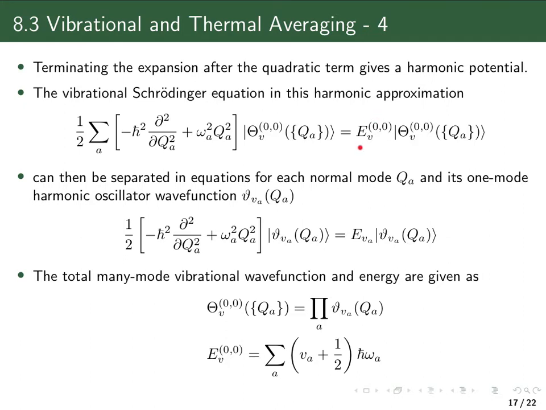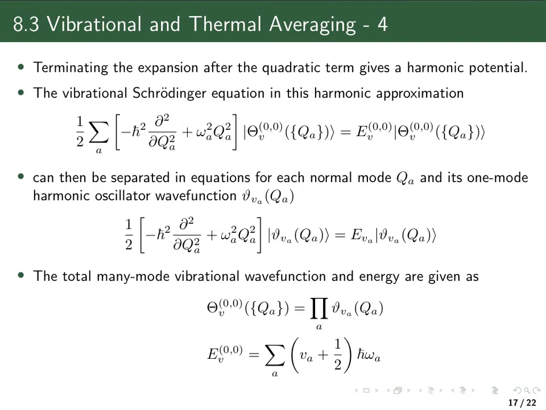And the energies are also sums of the energies for each vibrational mode. And it's just a harmonic oscillator. So this is just a harmonic oscillator equation. And for each normal mode, we get an energy expression, which is just the harmonic oscillator energy expression. But for the total energy, because I have more modes, I have to sum over all of those. That is the harmonic approximation.